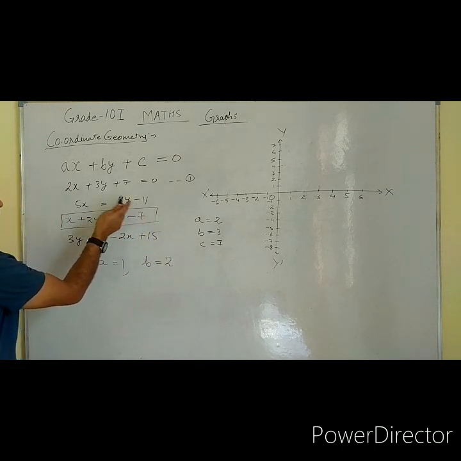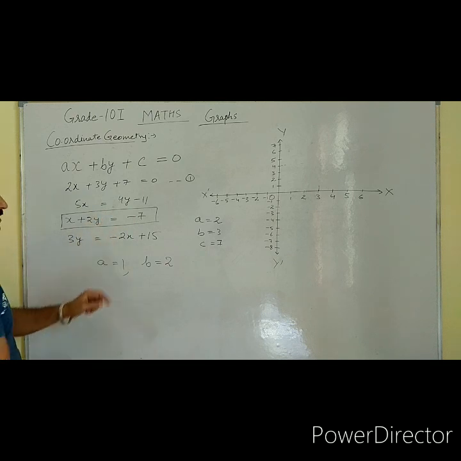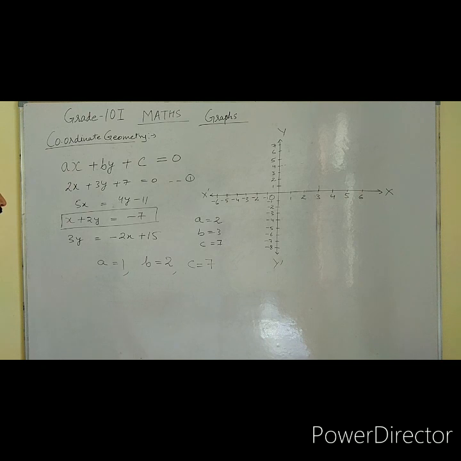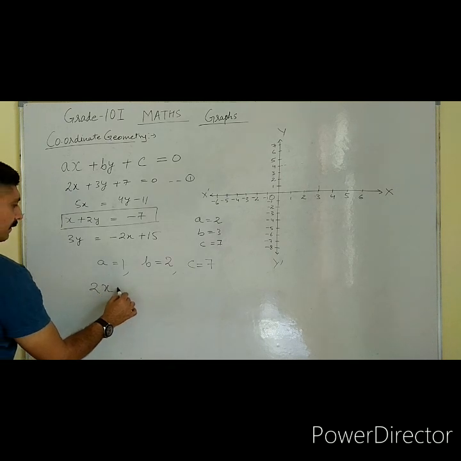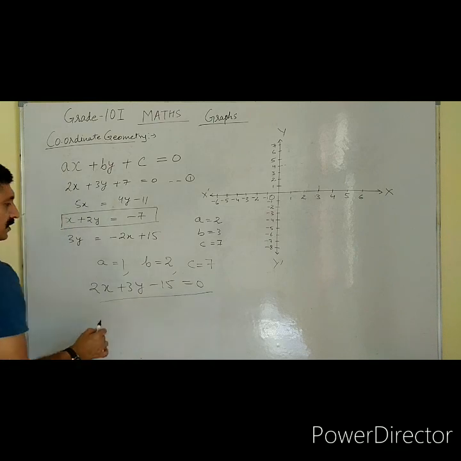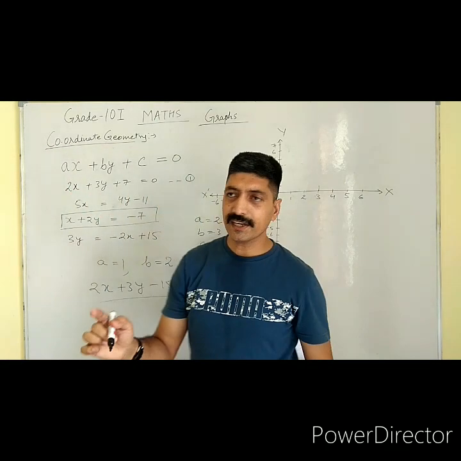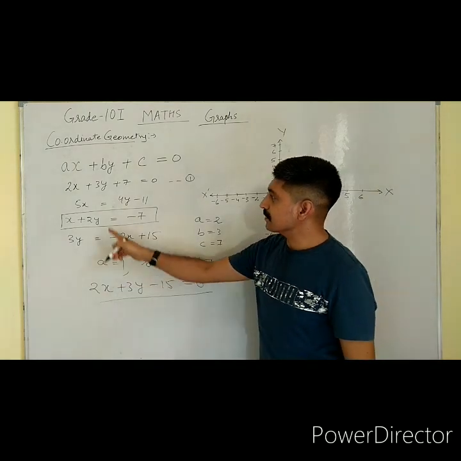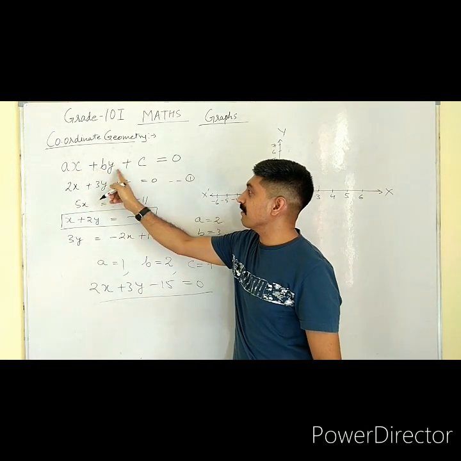So here when we bring minus 7, this side will be positive. So c in this case is positive 7. Whereas in this equation, if we write it in the standard form, we can write it as 2x plus 3y minus 15 is equal to 0. So we have to rearrange the equations, and this is the standard form, ax plus by plus c is equal to 0.